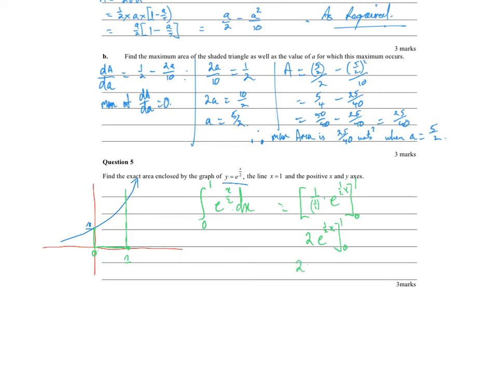So I get 2e to the half minus 2e to the 0, which is 2e to the half minus 2, because e to the 0 is 1. Okay.